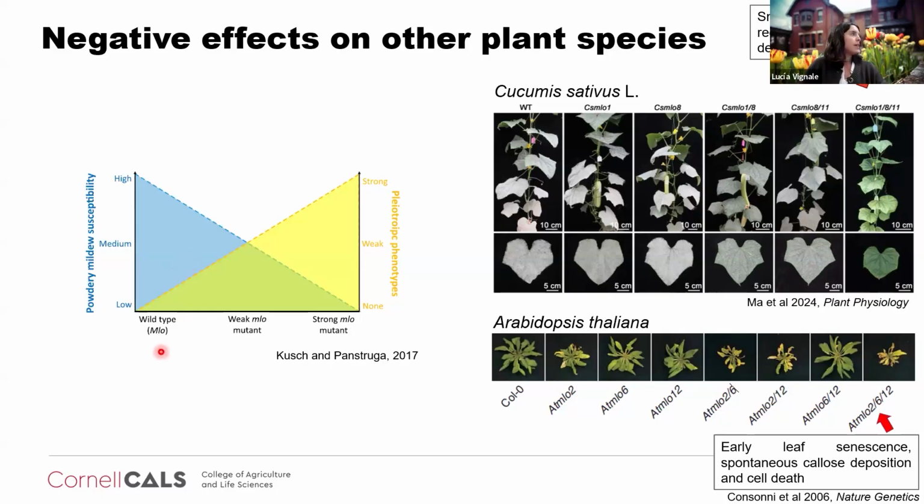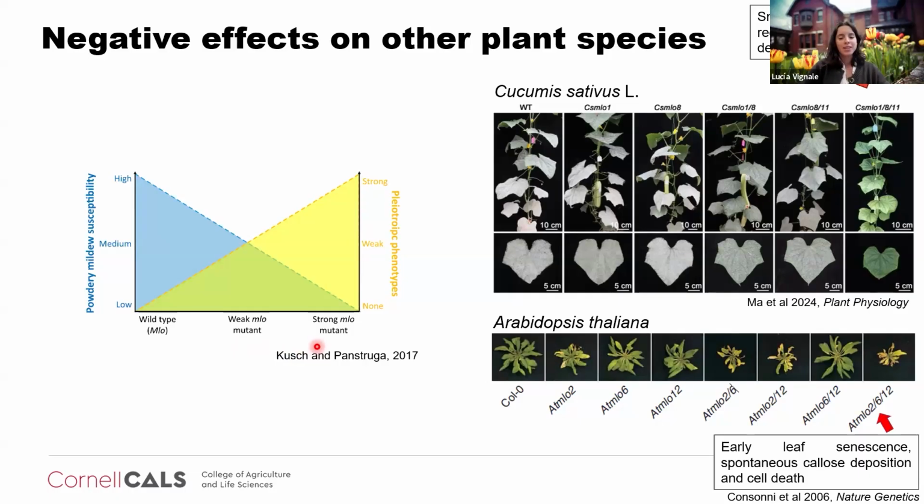So for wild type plants, you would be susceptible to the powdery mildew without any resistance genes playing here, but you wouldn't have any negative pleiotropic effects. If you are working with a strong MLO mutant, on the other hand, you won't be susceptible to the powdery mildew, but you might start seeing some negative effects.